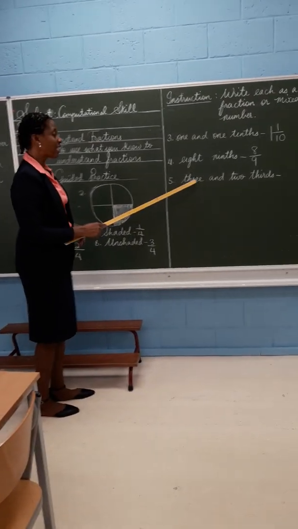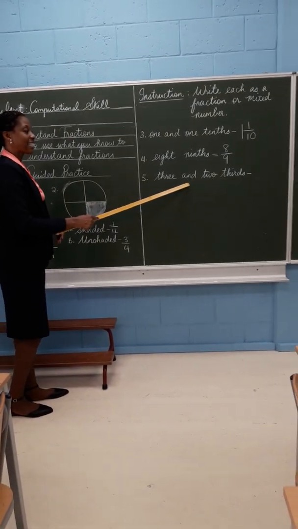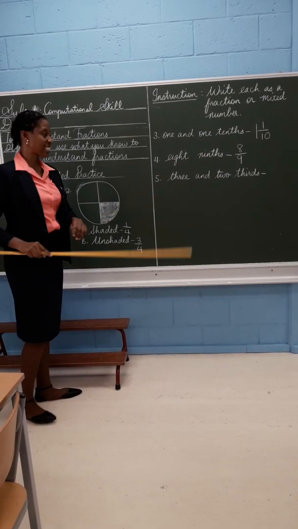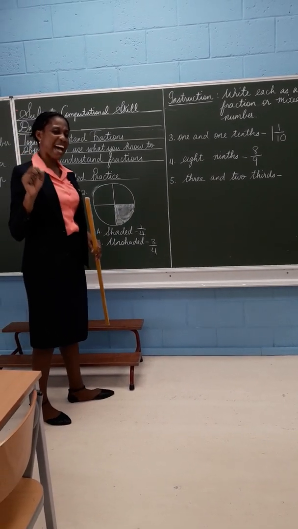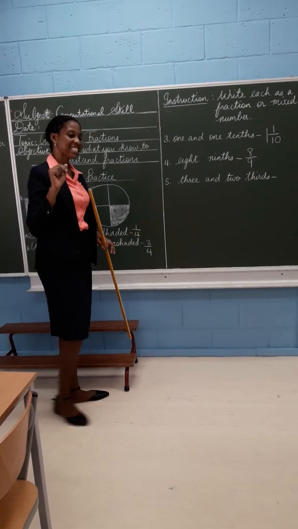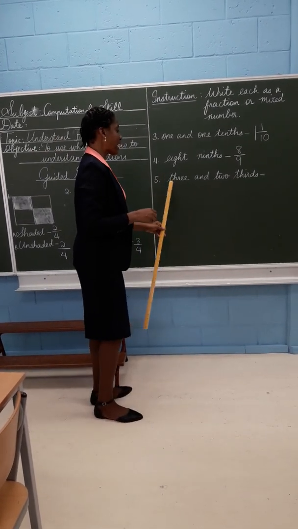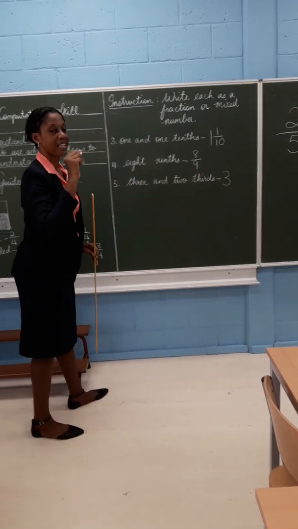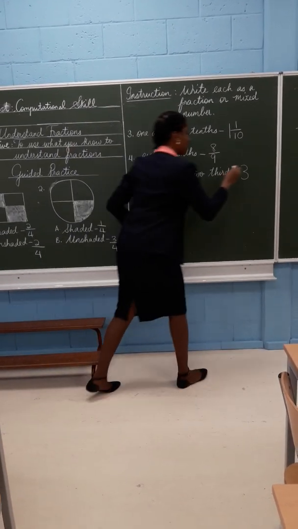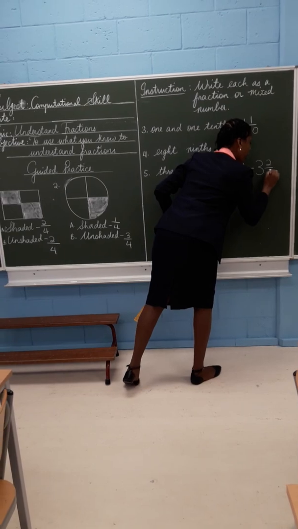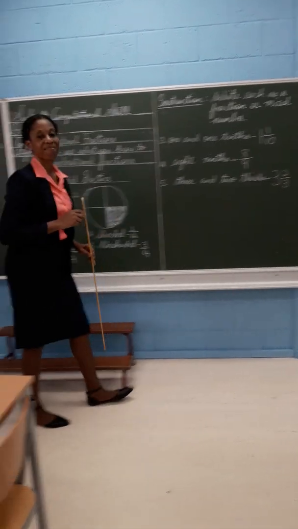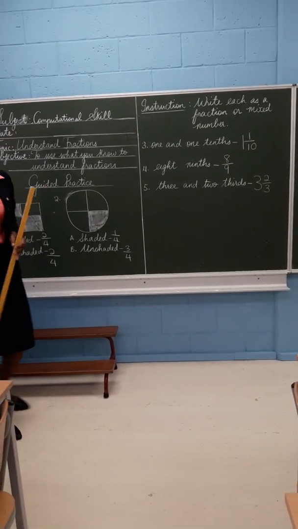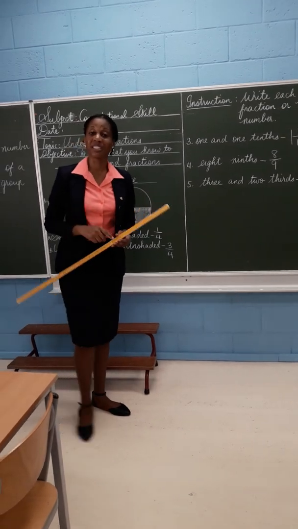Let's read everyone. 3 and 2/3. And it goes like this. 3 and 2/3. Okay, boys and girls, now you'll be trying some on your own. Thank you very much.